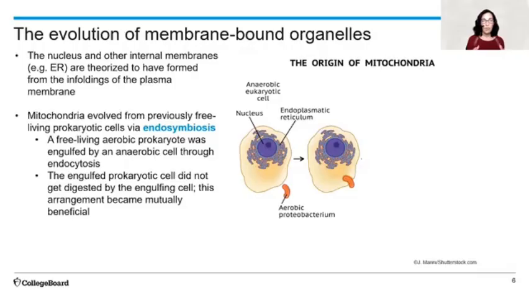So it was actually more of a win-win situation. So the aerobic bacteria that was ingested took care of oxygen that was available, and the anaerobic cell could have provided food molecules, and this would lead to energy and metabolic reactions that would have benefited this cell.